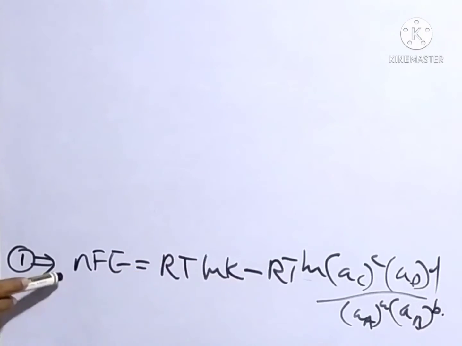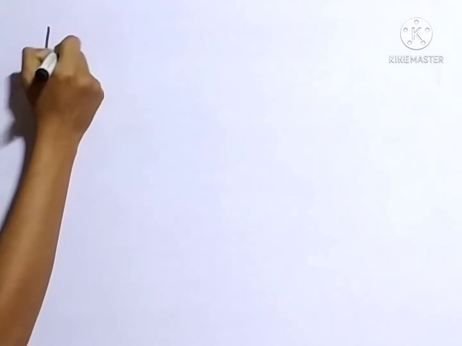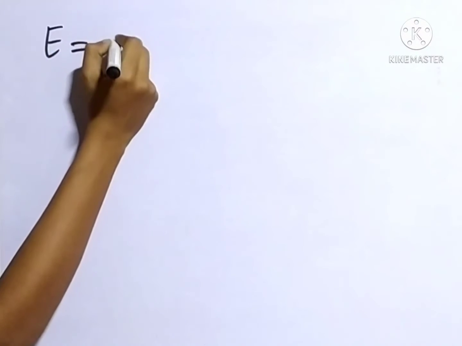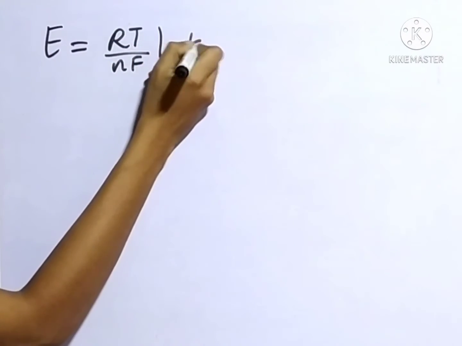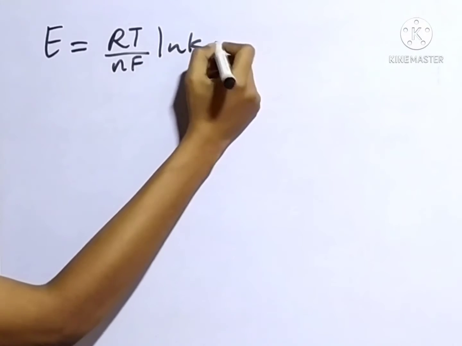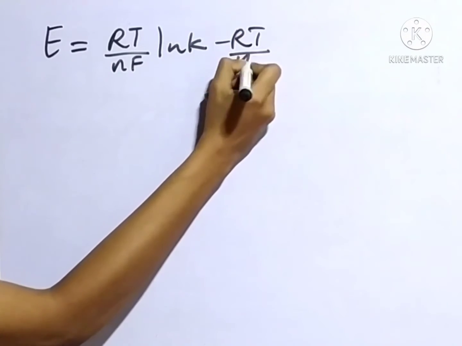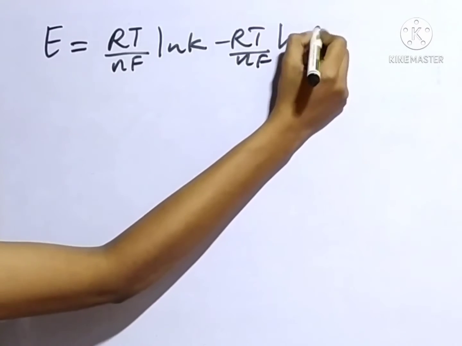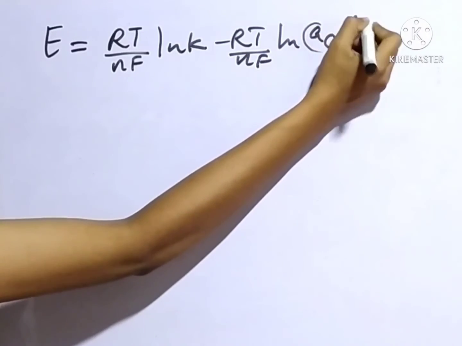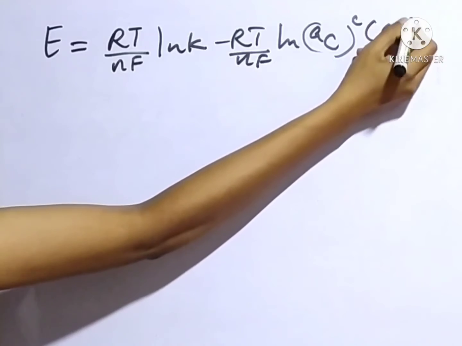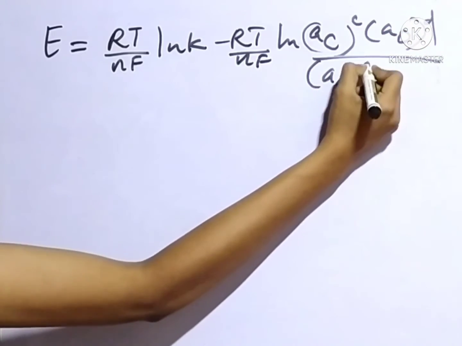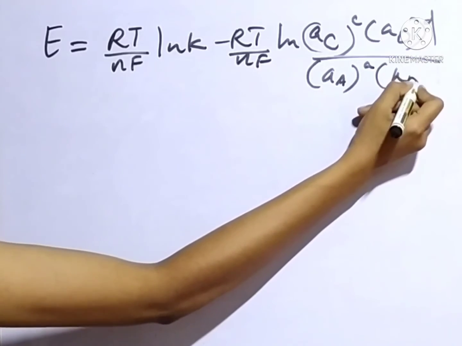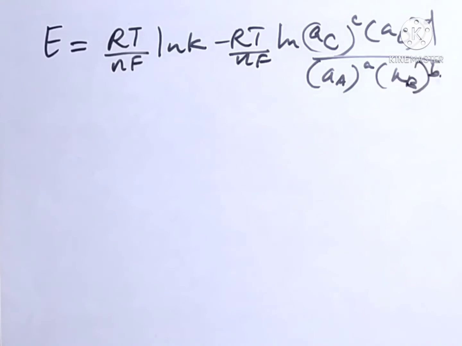If we divide all the terms by nF, we get E equals RT by nF ln K minus RT by nF ln of aC raised to c, aD raised to d, divided by aA raised to a into aB raised to b.